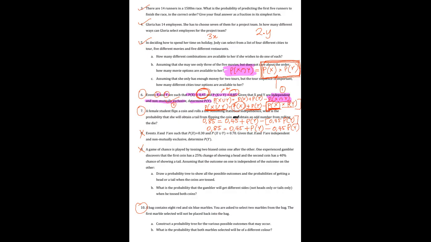Now all you have to do is normal math rules: take all of the numbers onto one side and leave all of the variables on the other side. The only one that has a number without a variable on the right is the 0.45, so you're going to take that across. So it will say 0.85 on the left, and now you're bringing the 0.45 across. So it is plus here.